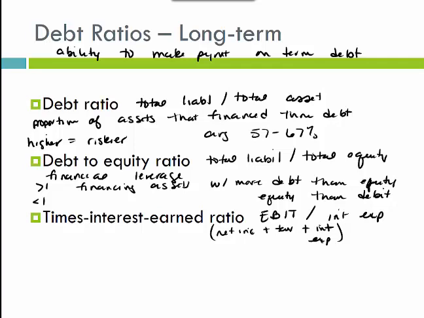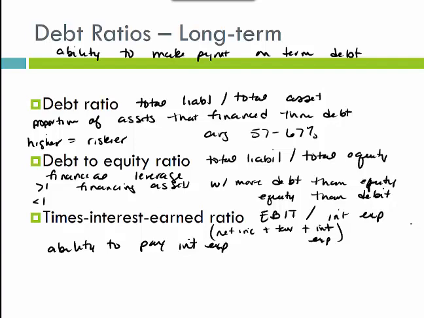So what this measures is really your ability to pay your interest expense. Again, somebody looking to lend you money or buy your bonds would want to look at this one. Okay, so I take my earnings before that and then divide it by the interest expense.